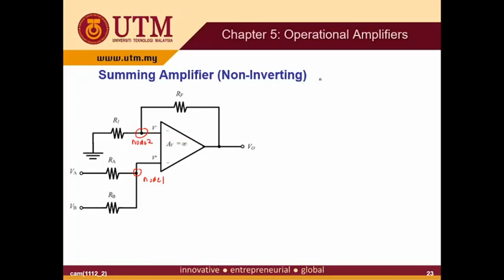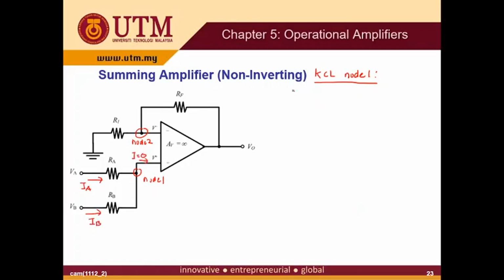Let's say this is our node number 1 and this is our node number 2. We start with the KCL at node number 1. For the KCL, we need to label the currents. This is IA, this is IB, and this is the current equal to 0.